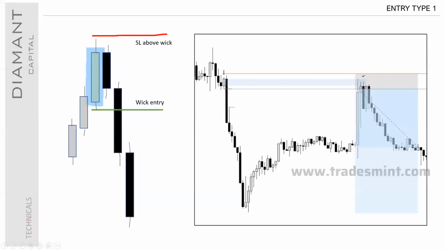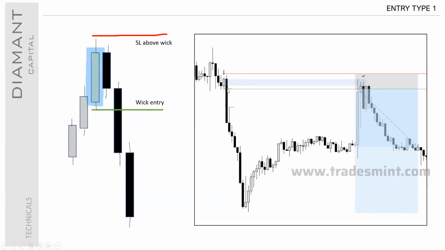Now, how do we use this? You've got different types of entry points. The first one, I would say, is the wick entry, depending on how big the candle is, because sometimes, as you can see from my cursor, on this candle right here the wick is very far from the body. But because we're looking at a refined entry of this order, you've got to understand one thing.